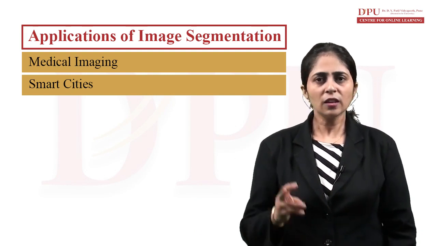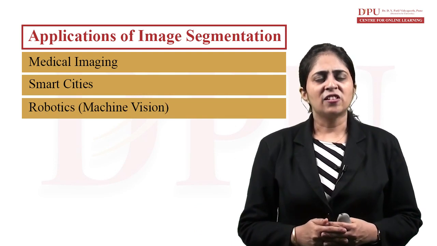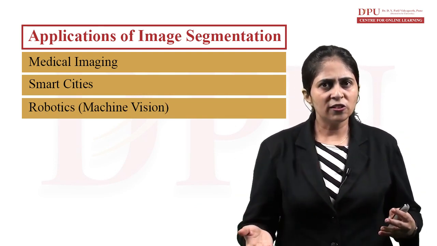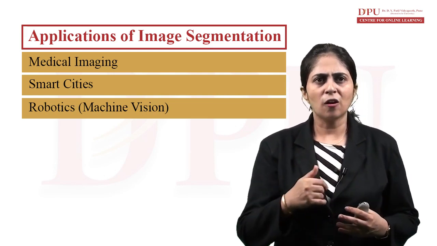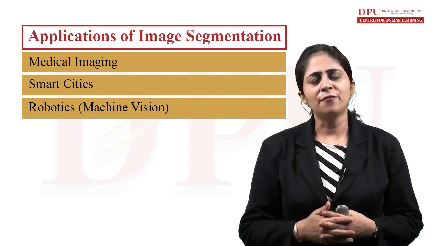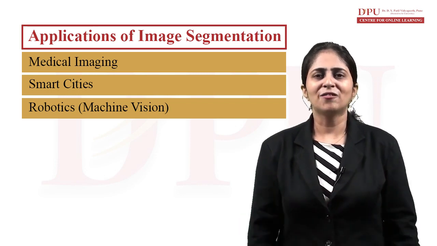Third one, robotics. Image segmentation aids machine perception and locomotion by pointing out the objects in their path of motion, enabling them to change the path effectively and understand the context of their environment.